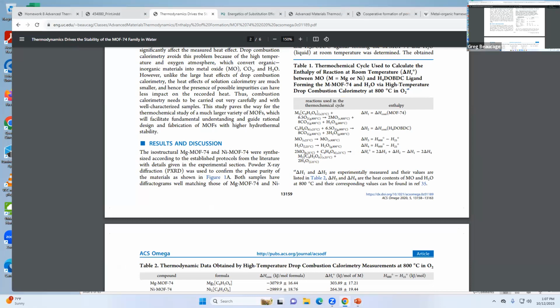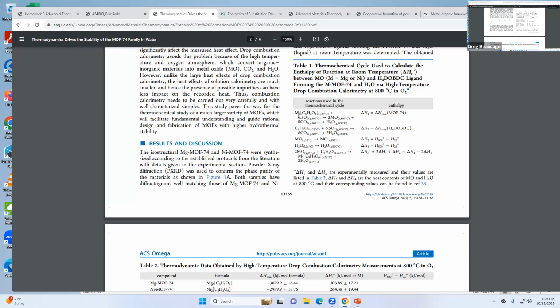So what they start with is the bottom thing, the MOF, M2, and this is the terephthalic acid hydrated with 2H2O, then they torch it and then they can get this thing, right? So that's kind of the idea.